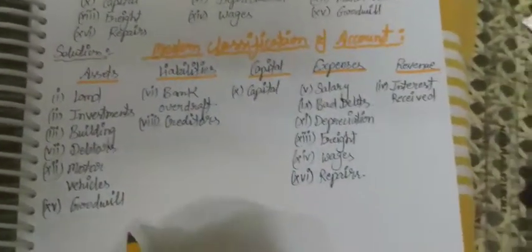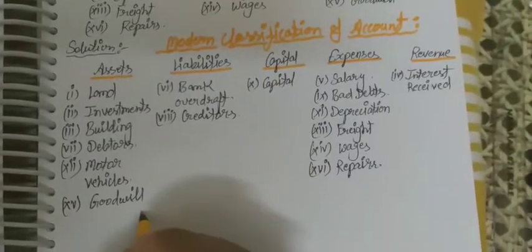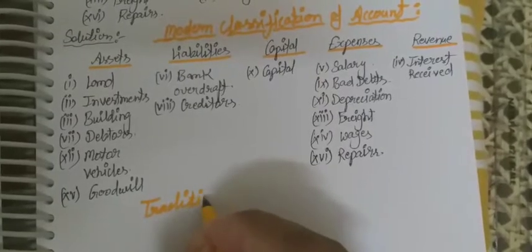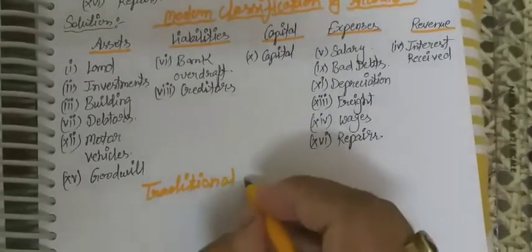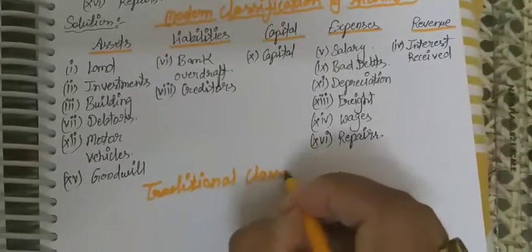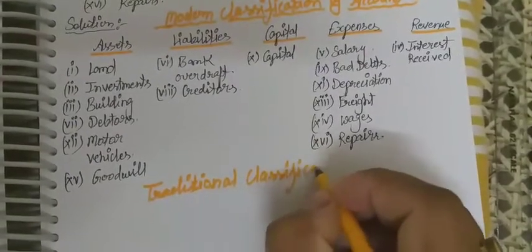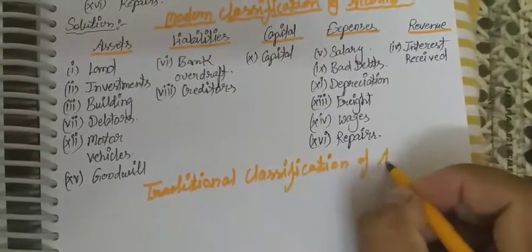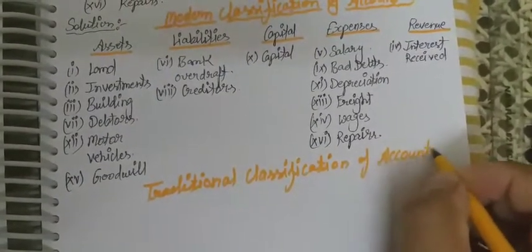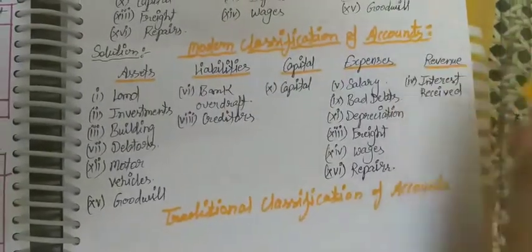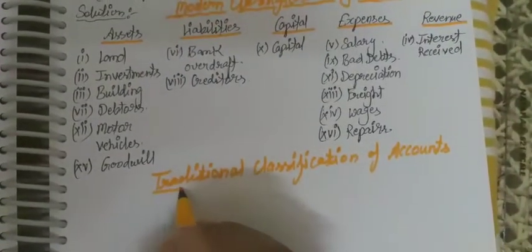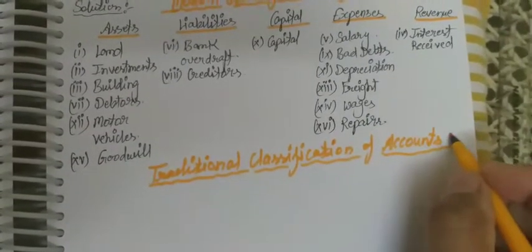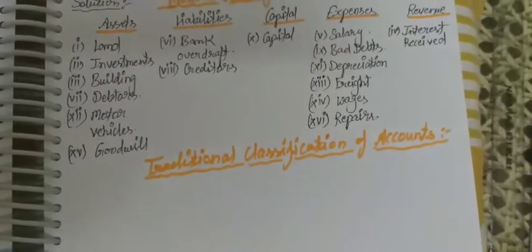Now also we will solve according to traditional classification of accounts. So according to traditional classification of account, all accounts are divided into three categories.